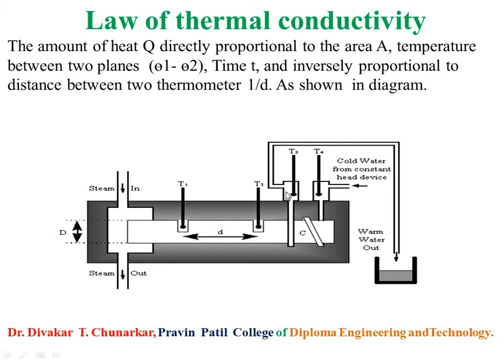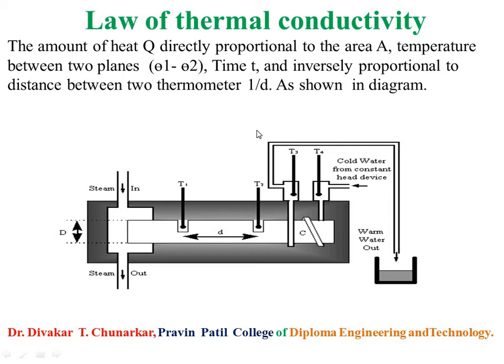The temperature is measured by using a thermometer, then we measure time and the distance between the two temperatures, theta 1 and theta 2. So what is the law of thermal conductivity?